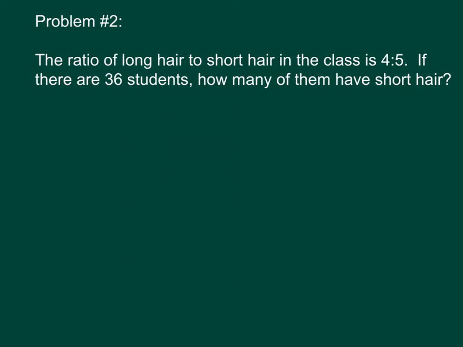For problem number 2, the ratio of long hair to short hair in the class is 4 to 5. So first off, we need to think about what it is that we are comparing. We are comparing long hair to short hair.